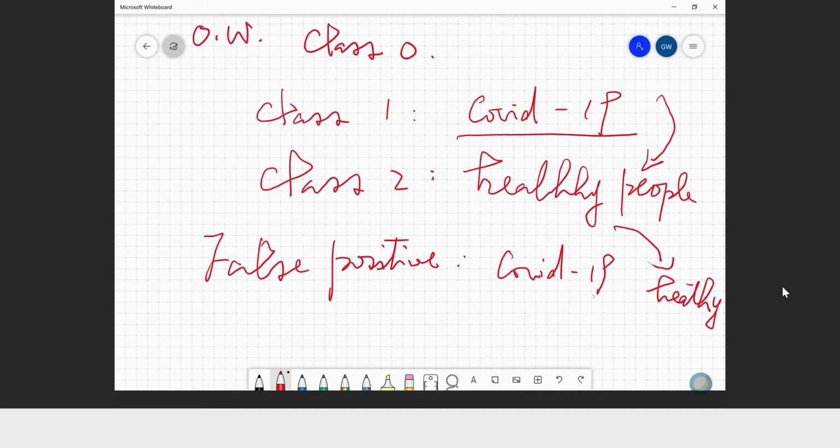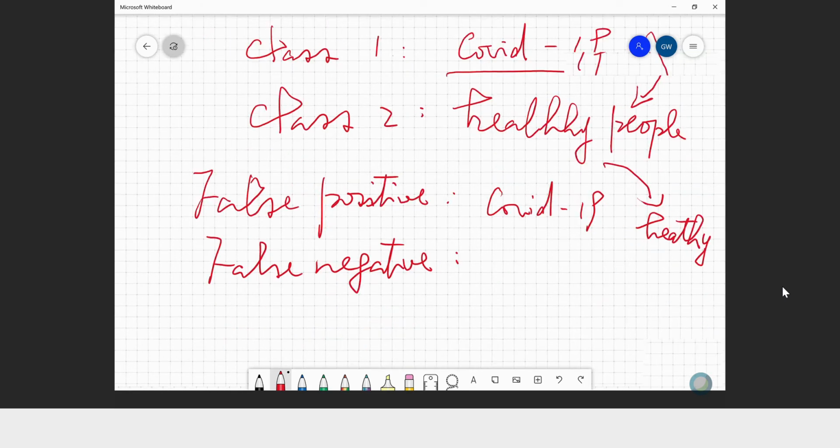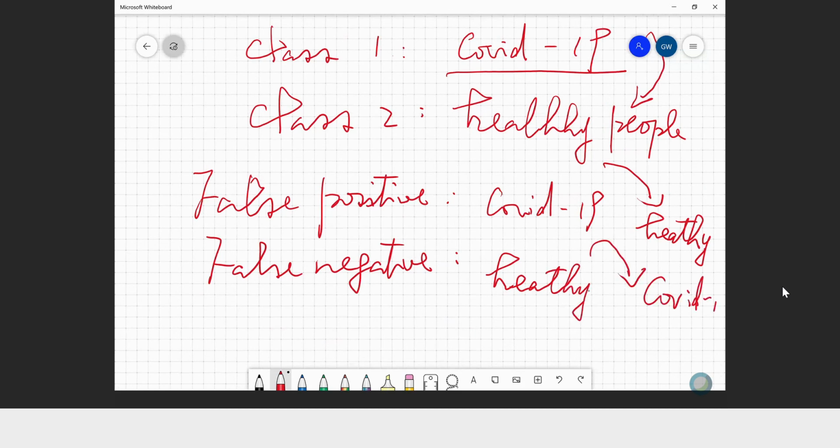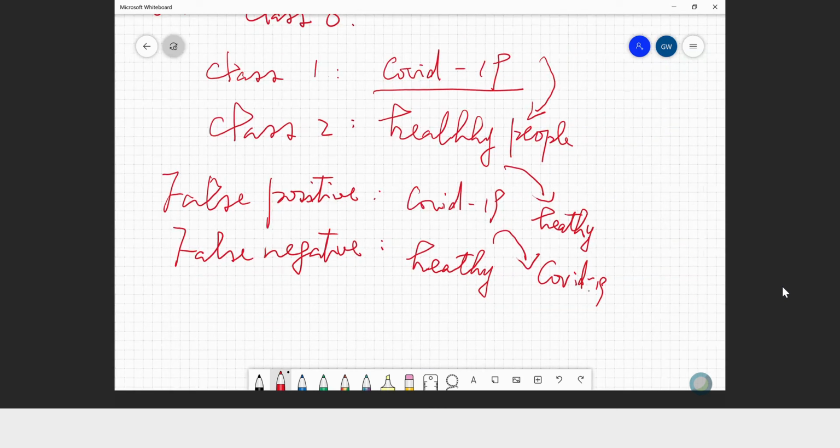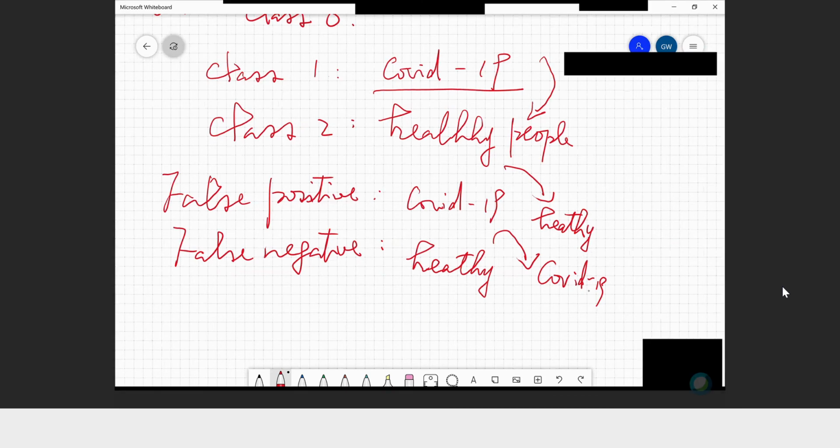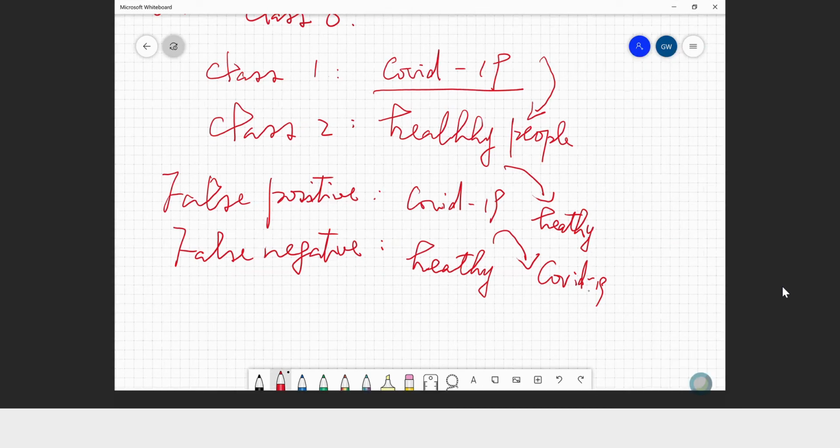Second, what's the false negative? For the false negative, it just means this person is healthy, but we misclassified them as COVID-19. So for these two kinds of errors, false positive and false negative, which one is more serious? Definitely the first one.